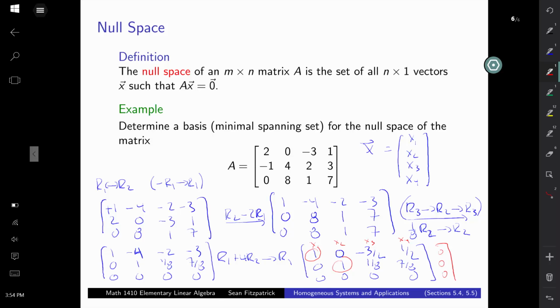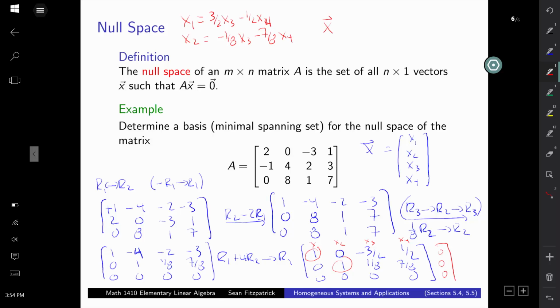The first row tells me that x1 is equal to 3 over 2 x3 minus 1 half x4. The second row says x2 is minus 1 over 8 x3 minus 7 over 8 x4. Sorry, this is a 4 here.